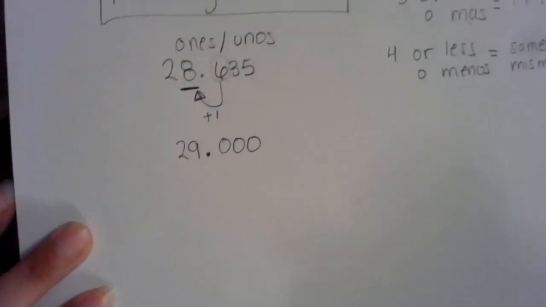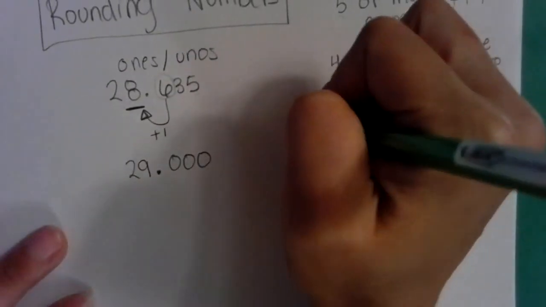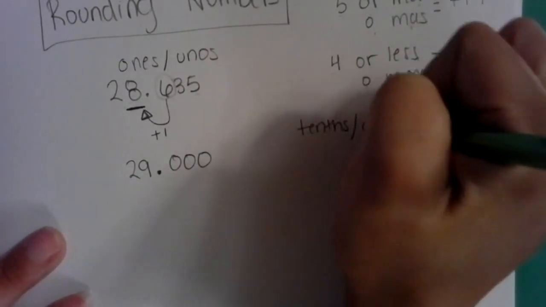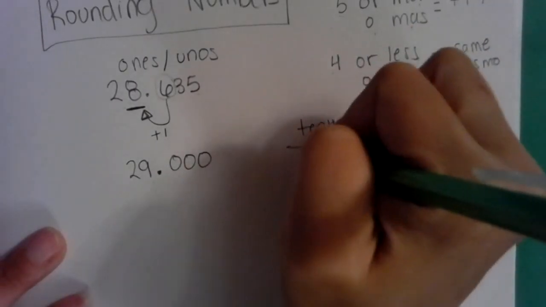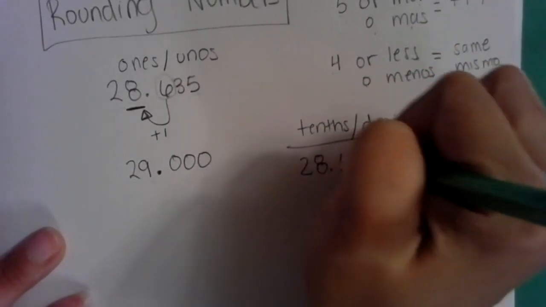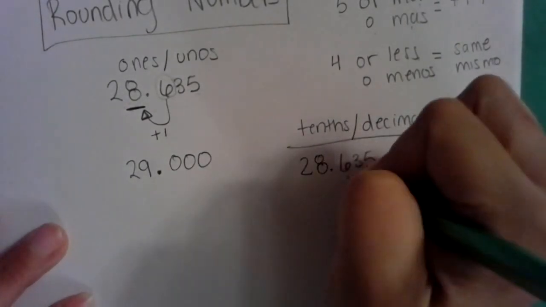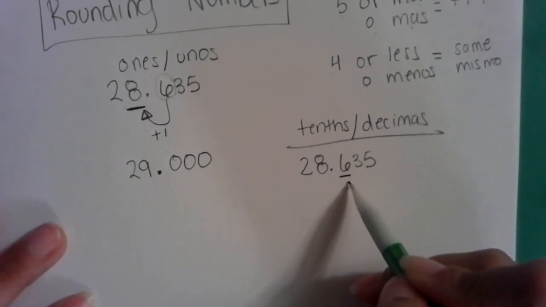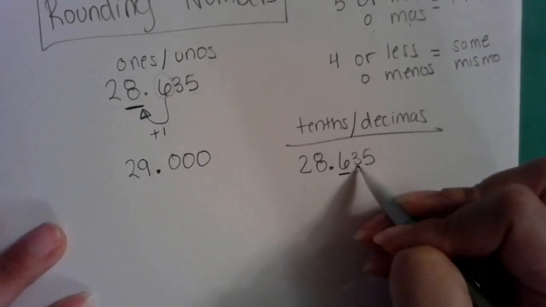Using that same number and those same rules, I'm going to round it to the tenths place. Décimas. Again, first you find the tenths place. Tenths. The one right after the decimal. I look to the right, derecha.